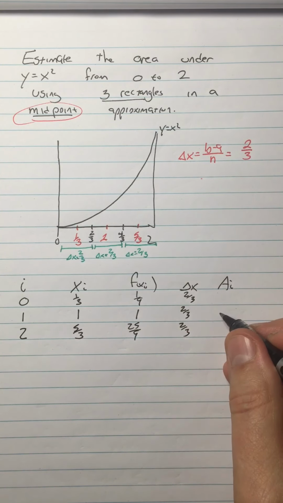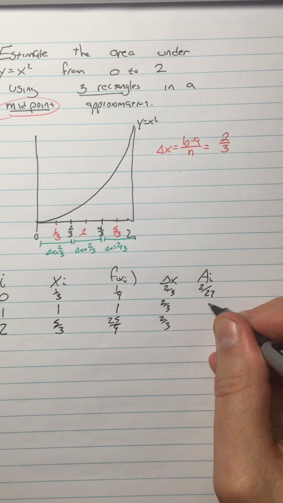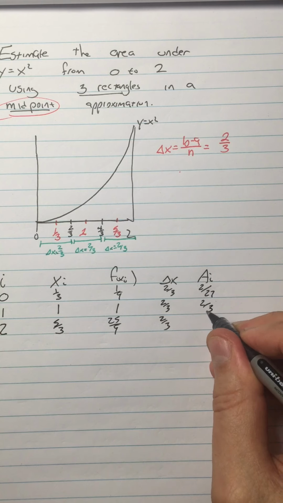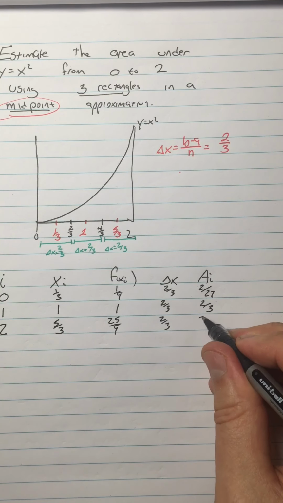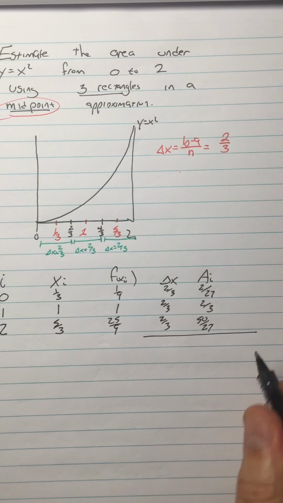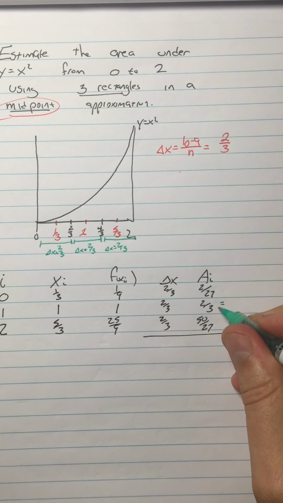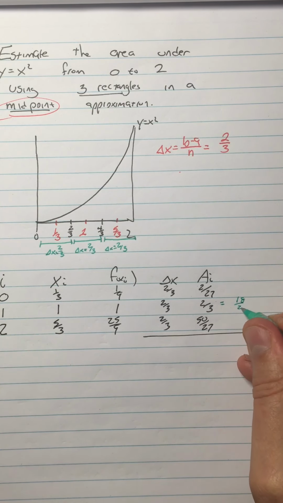I multiply the f of x sub i times the delta x to get the a sub i, which are going to be 2/27, 2/3, and 50/27. All right, now I need to add those together. Probably the easy way to do it is to get 27ths as a denominator. So my 2/3 is equal to 18/27.